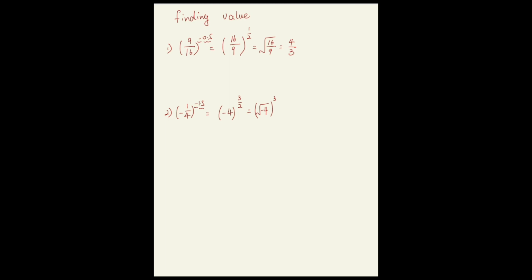And I can show you for this part: if we have a root like this, and n, the degree, is even, then a must be positive. Here the negative 4 is negative, so this expression has no meaning.